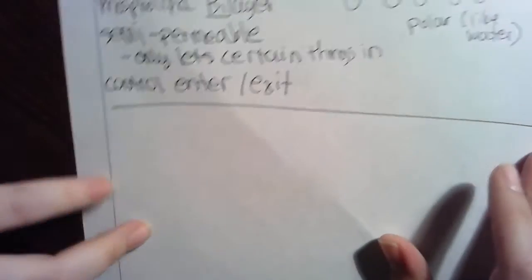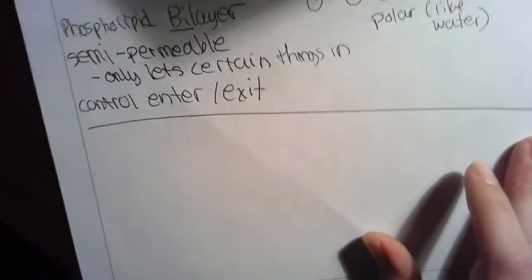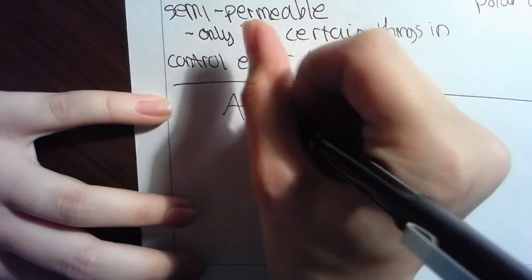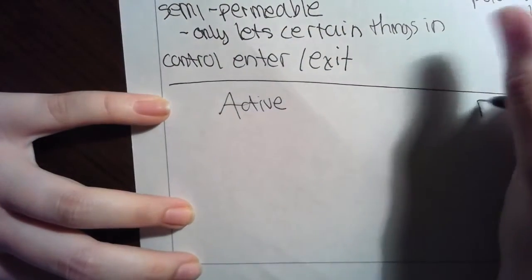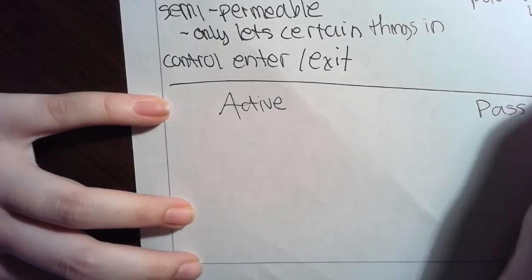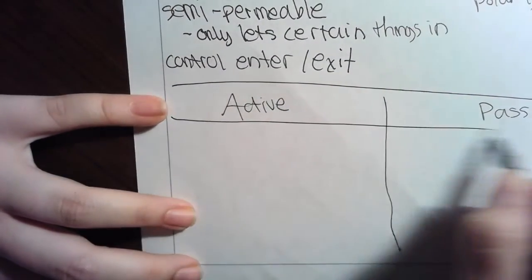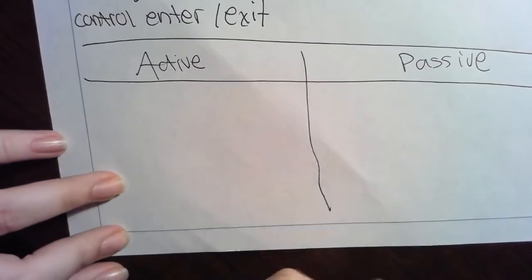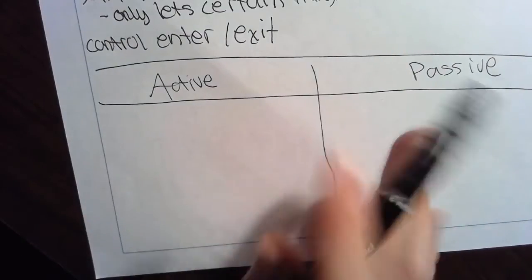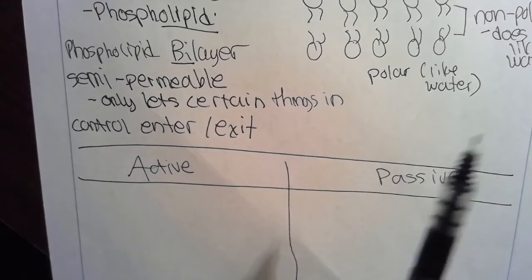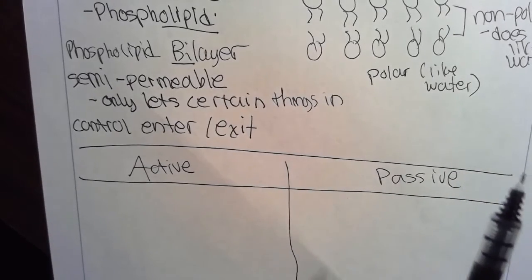Now we get to go on the really fun stuff of the types of transport. So we have active transport and we have passive transport. When we are talking about this, we know that anything that we're talking about passing is passing through the cell membrane, from outside to inside of the cell.